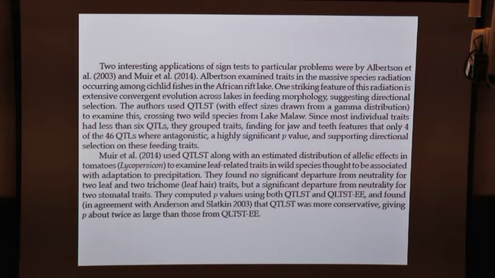Another example, and this is tomatoes for you, Wolfgang, is they looked at leaf-related traits in tomatoes thought to be involved in precipitation. So what they found was no significant departure in 2 leaf and 2 trichome, leaf hair traits, but a significant departure in 2 stomatal traits, things that close the stoma. They computed p-values using both methods, assuming equal effects and this more general one, and they found the more general sign test was more conservative, giving p-values about twice as large, but still significant. So the bottom line isn't the details, because details you have to look up.